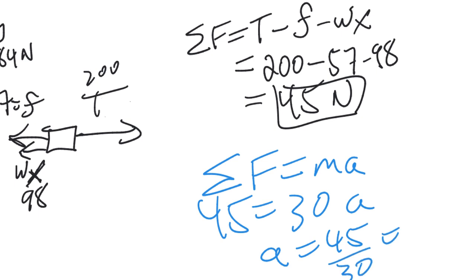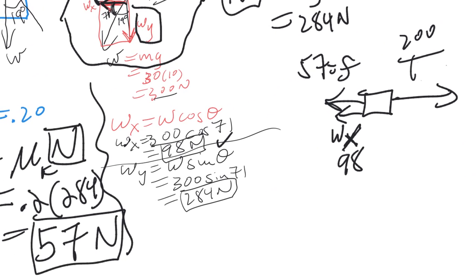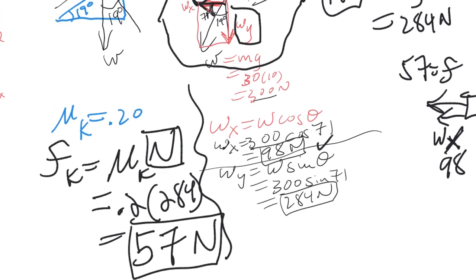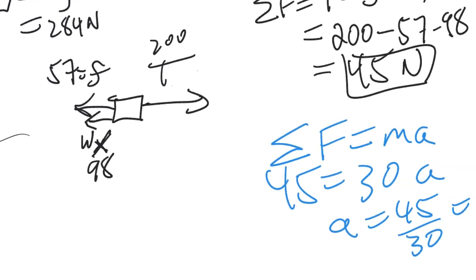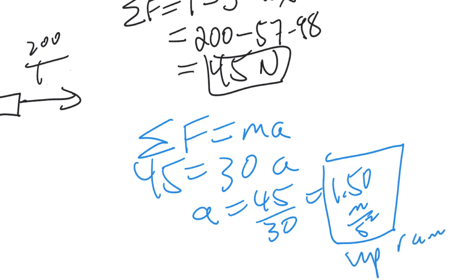So 4.5 divided by 3, 1.5 meters per second squared. That would be down the ramp. I'm sorry, that would be up the ramp because the tension's greater than the friction and Wx. It could be down the ramp if the friction and Wx were bigger. At least that would be the direction of the acceleration. Okay, so that should do it.